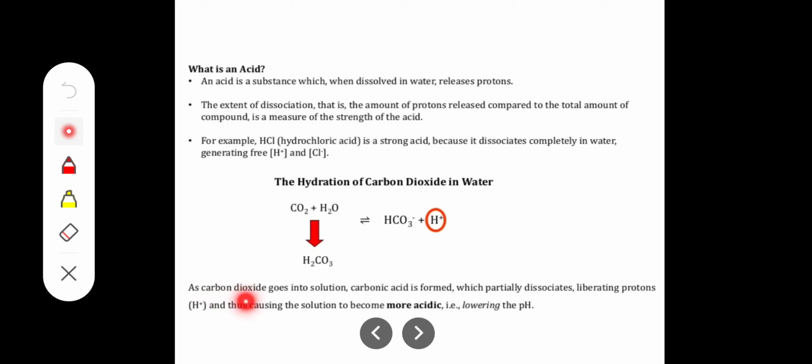The carbon dioxide goes into solution, carbonic acid is formed, which partially dissociates, liberating protons, hydrogen ions, thus causing the solution to become more acidic and lowering the pH.